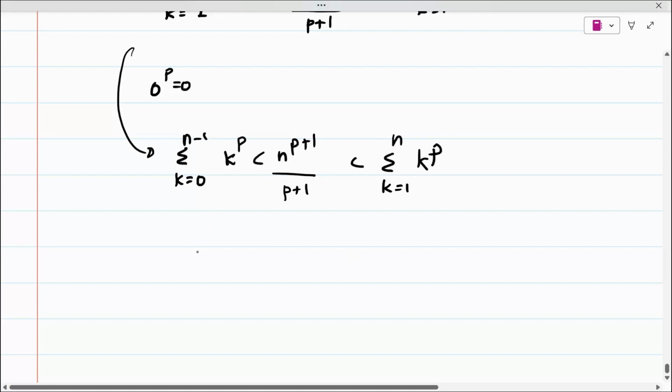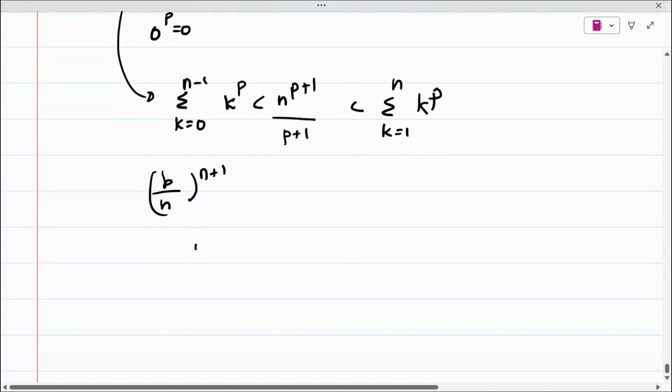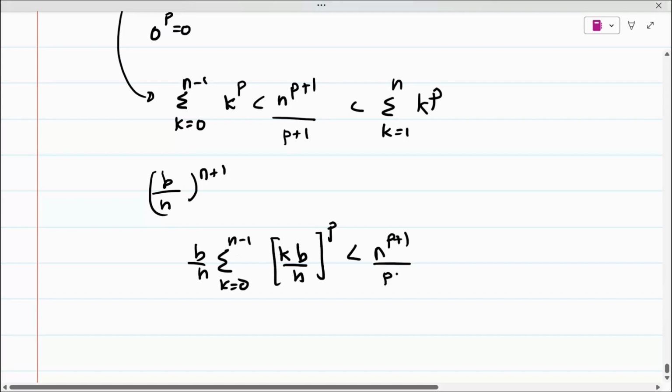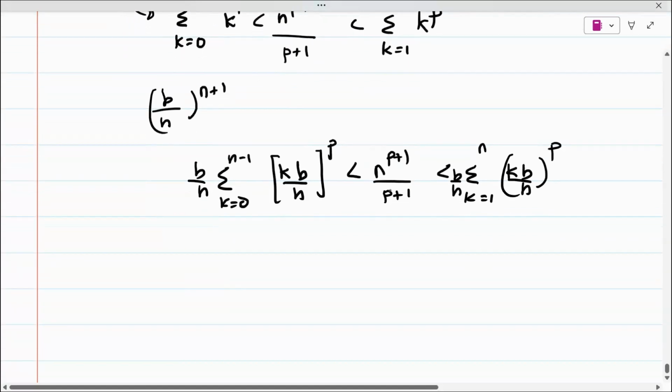So now if we multiply this by p by n plus 1, so we have p by n here.